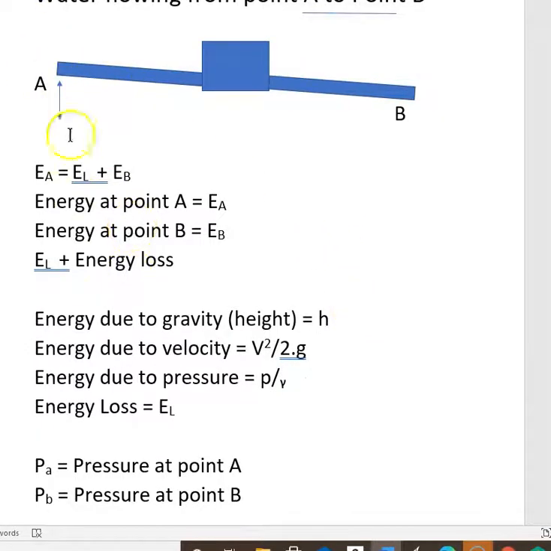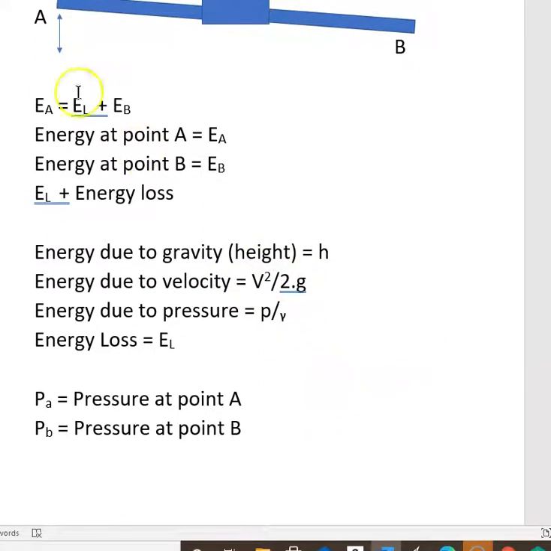So energy at point A is due to three things. One is due to gravity, the height of the water column. One is due to velocity, and the other one is due to the pressure at this point. And the energy loss has to be calculated.